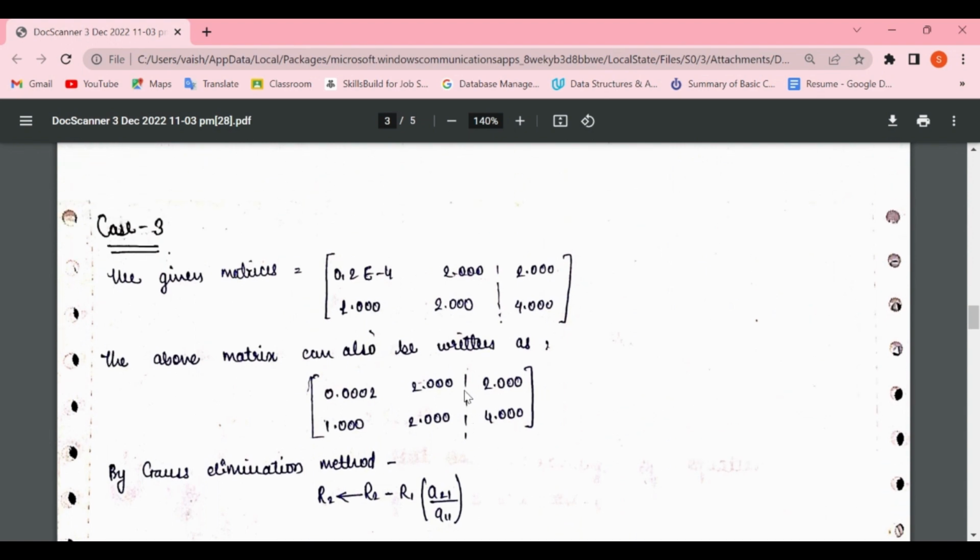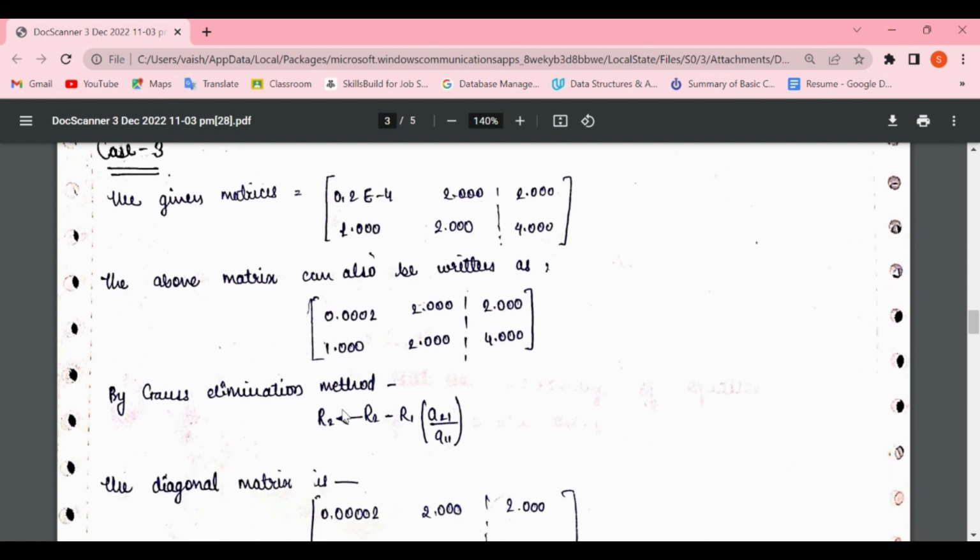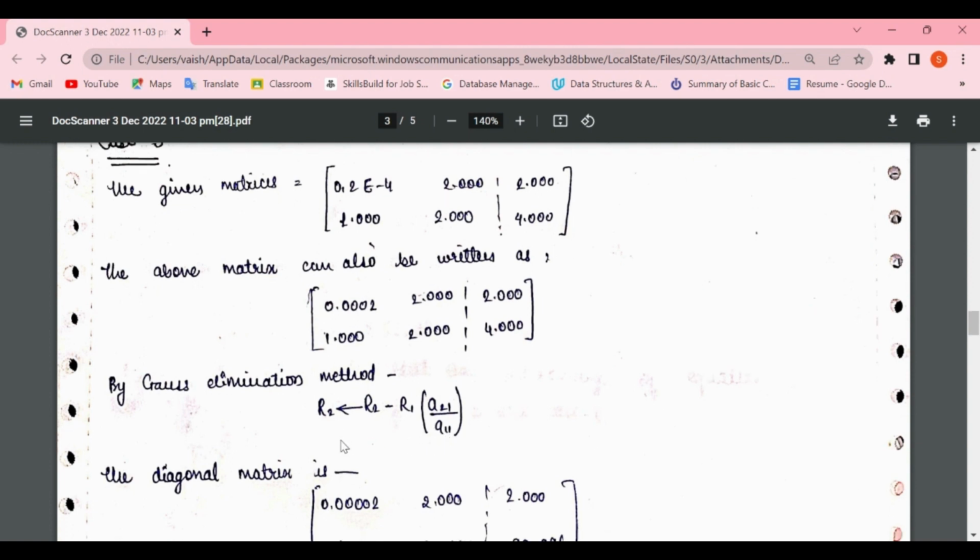Now we are solving case 3. We have given this matrix. The above matrix can also be written as 0.0002 in the first row, and second row 1, 2 and 4. By the Gauss elimination method, we are going to change R2 by performing R2 minus R1 into A21 upon A11.